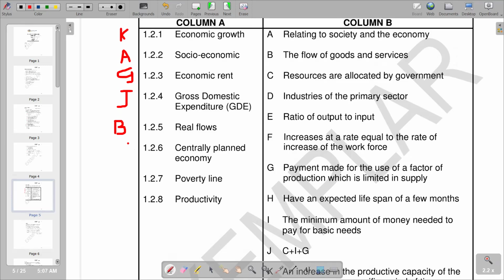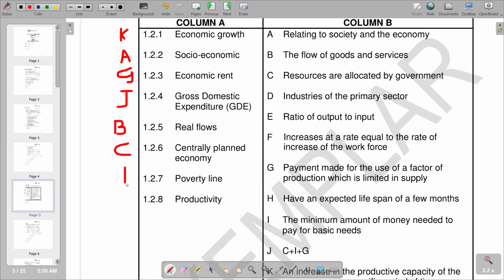So we have C as the correct response. Then 1.2.7, the poverty line, which is the minimum amount of money needed to pay for basic needs, the minimum line of the cost of living index. So I is the correct response.